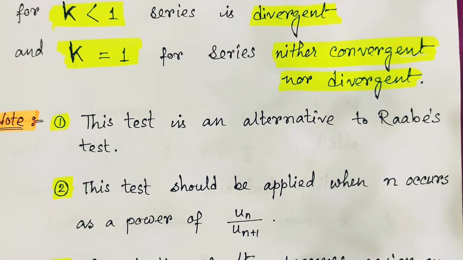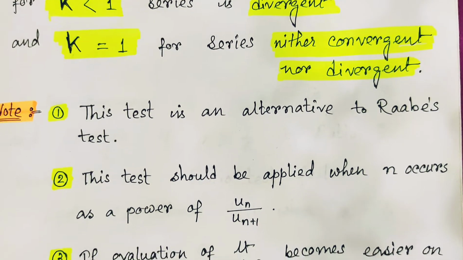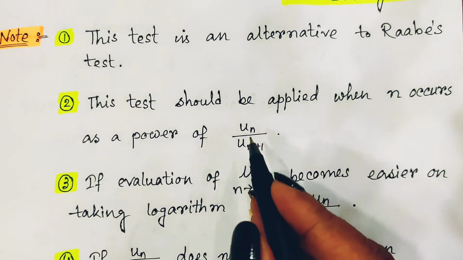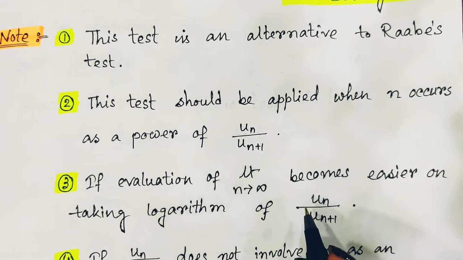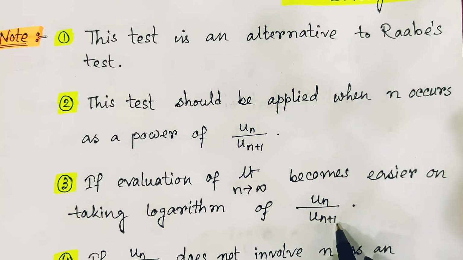So when should the test be applied? When n occurs as a power in un divided by un plus 1, or if evaluation of the limit of un divided by un plus 1 becomes easier on taking the logarithm of this function, then we should apply the log test.